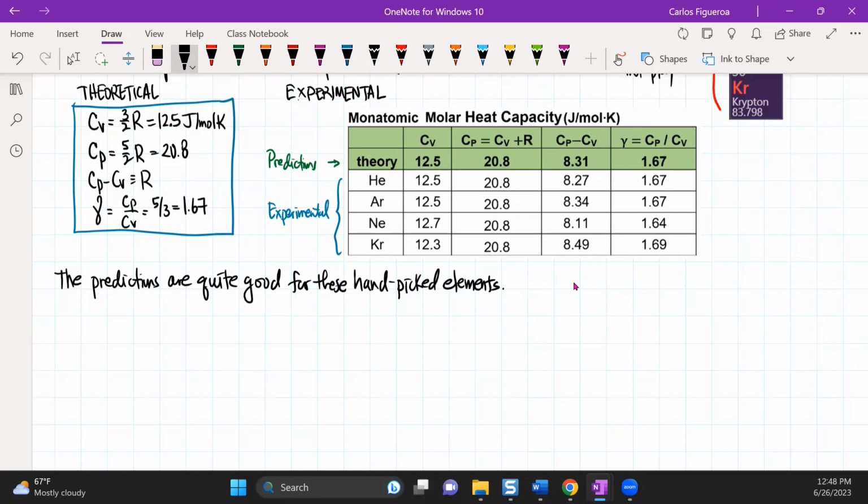They have to be, because to be an ideal gas is complicated.